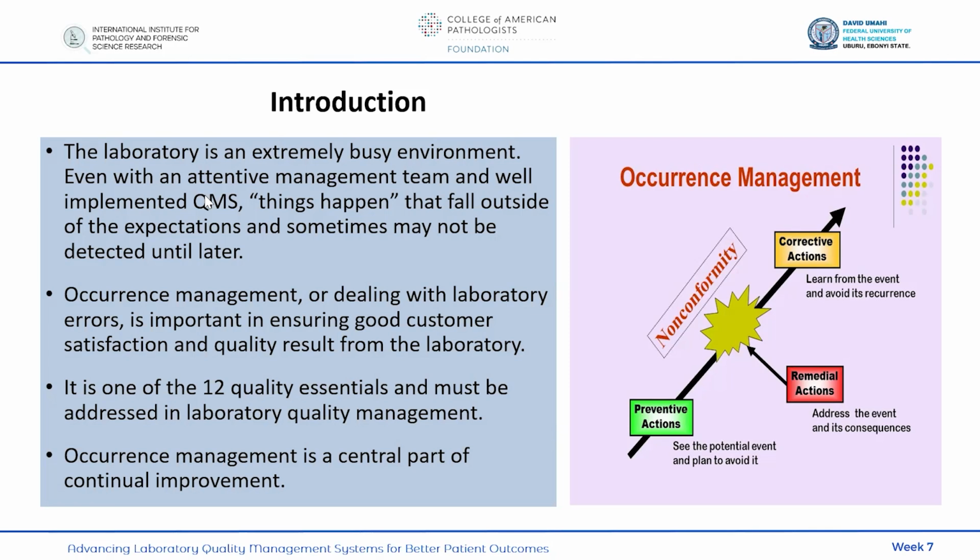Okay, therefore, it must be addressed in laboratory quality management. In fact, it is an essential part of continual improvement. For a laboratory to continually improve, you must pay attention to occurrence, how you manage errors, events in the laboratory.